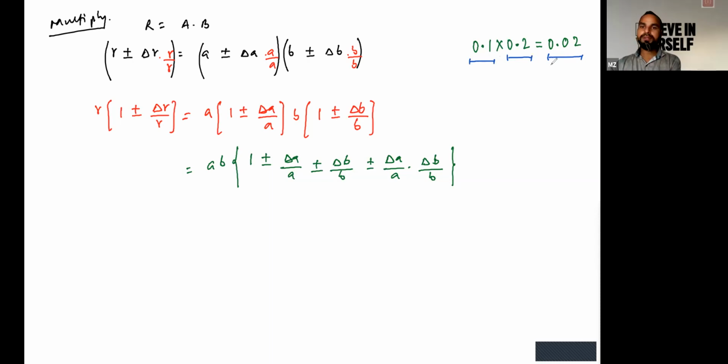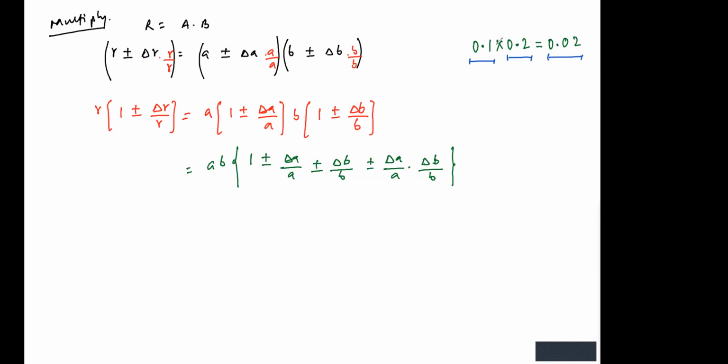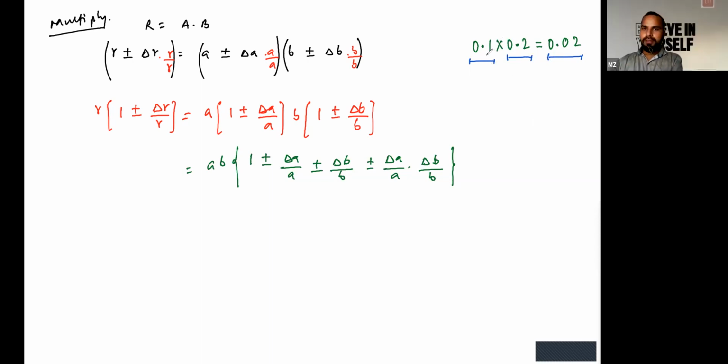In these three numbers, which is the smallest? 0.02. Yes. So if you multiply two smaller numbers, you get a further smaller number, that is 0.02. It would be smallest compared to the whole. So you can say if you multiply two small values, your result gets much smaller, and on that basis you can neglect it.